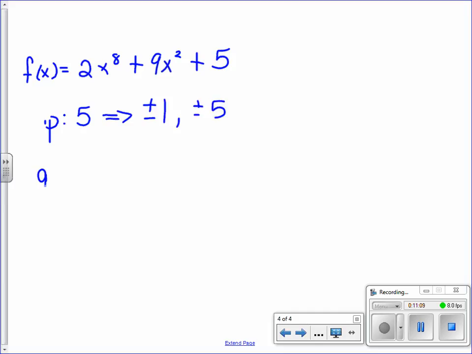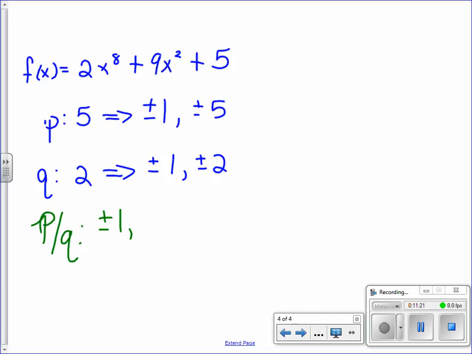And then we have Q, which is 2. So how about P over Q? Very good.